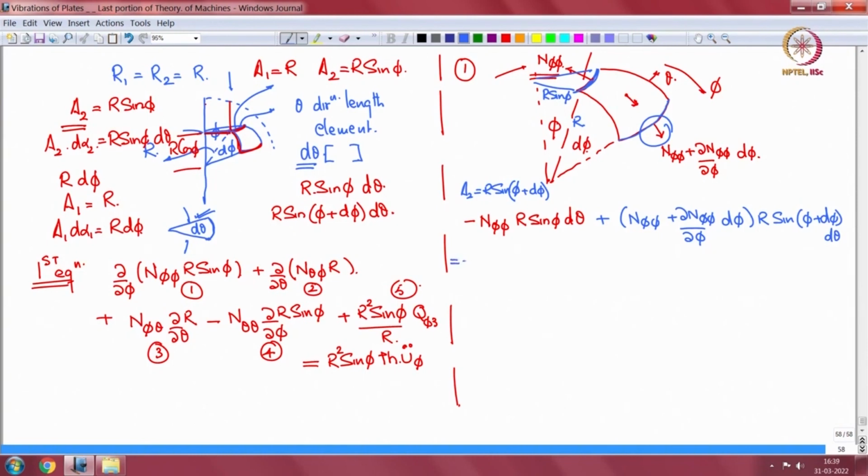So I have minus n phi phi r sin phi d theta plus n phi phi plus del n phi phi by del phi d phi, into sine of phi cos d phi is 1 we will take, plus cos phi and sine d phi we take as d phi, r d theta.